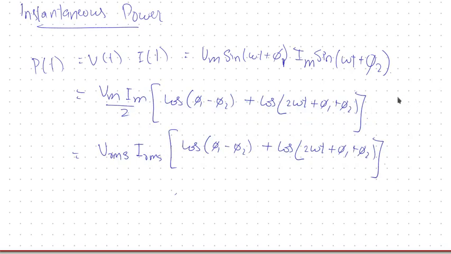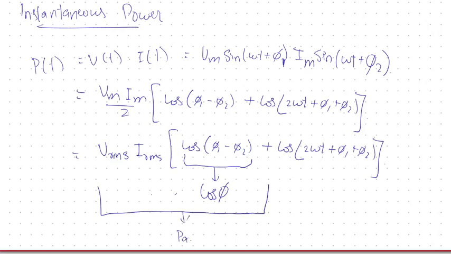So this cos(phi 1 minus phi 2) is called the power factor, and that's one way we can represent instantaneous power. And this whole term Vrms Irms cos phi is called P average. Now this P average is also sometimes called DC power.